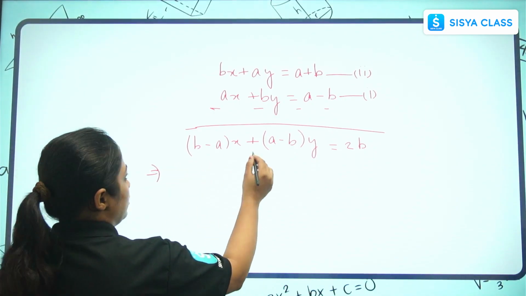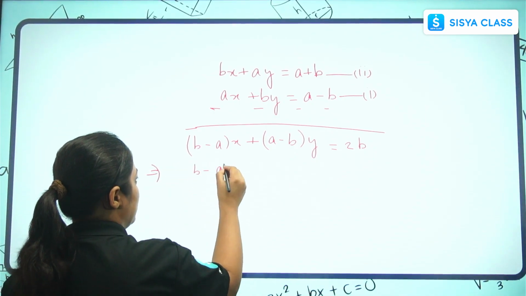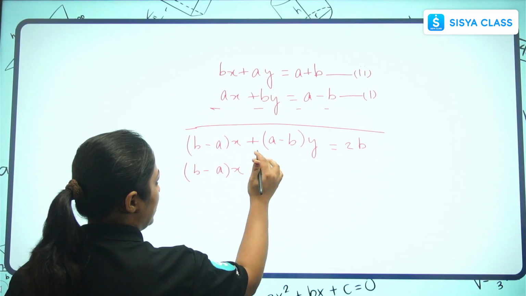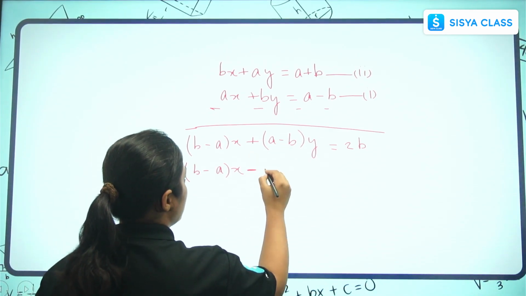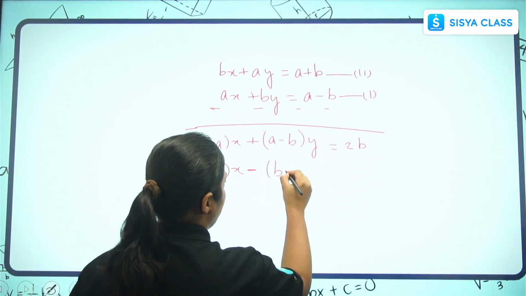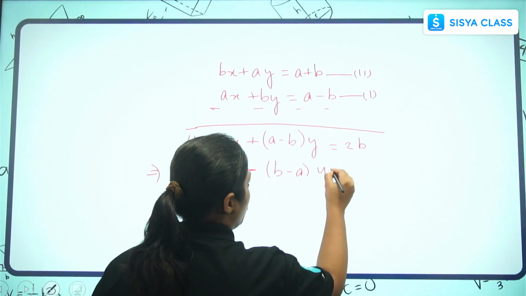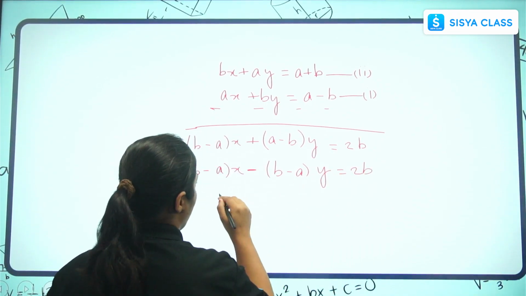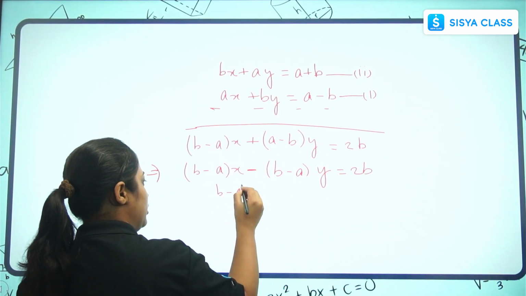Now from here, for the y term take minus outside, so here you will get (b minus a) into (x minus y) equal to 2b. Take b minus a common.